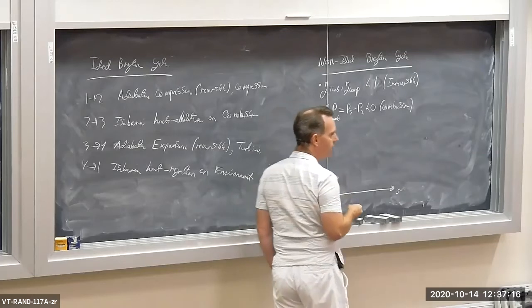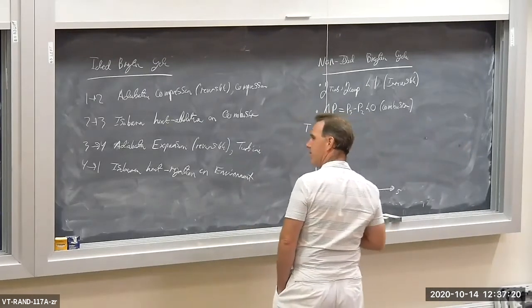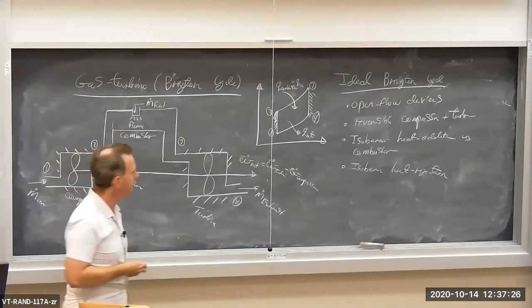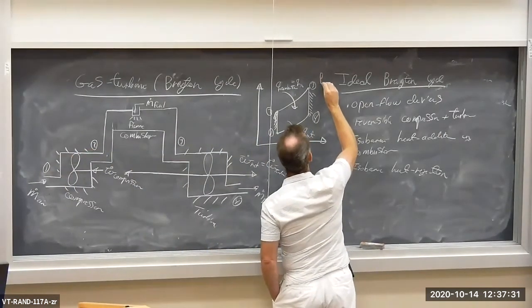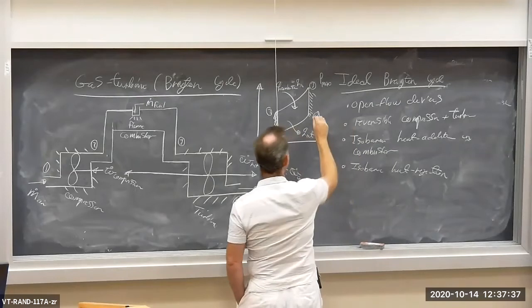Now, let me put in the relevant isobars here. In fact, let me go back here and make sure the isobars are included. So this is our P max, maximum pressure isobar.